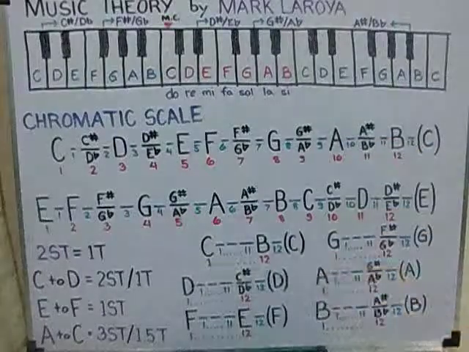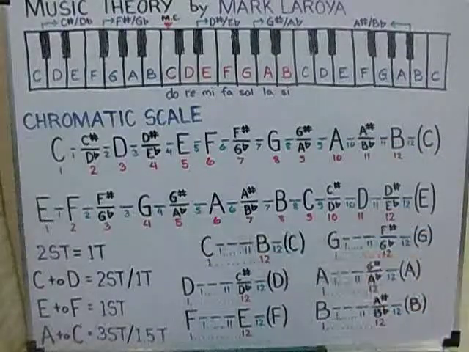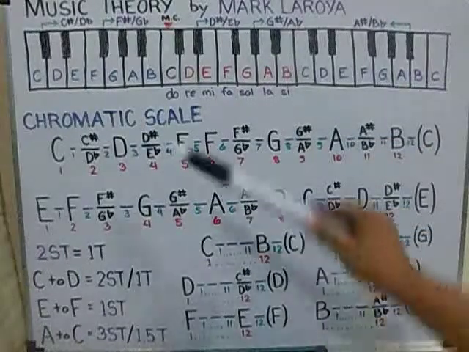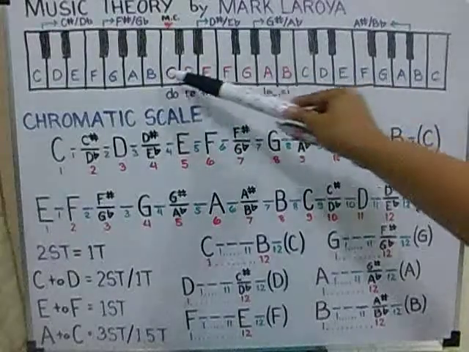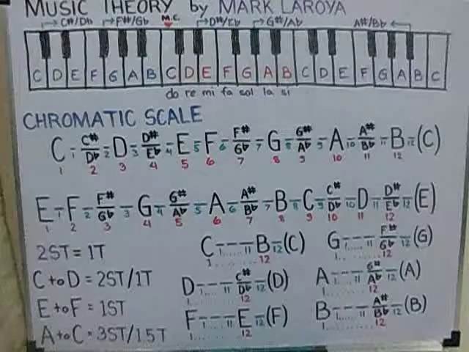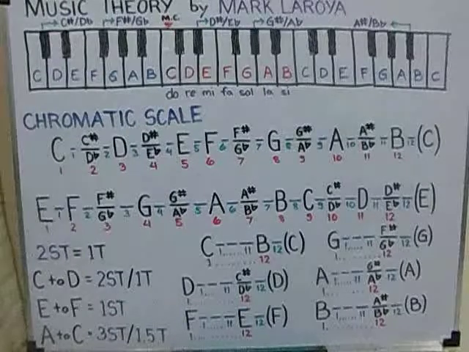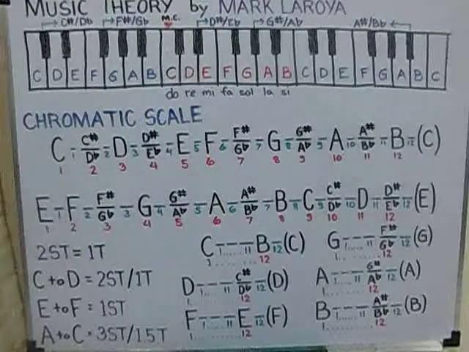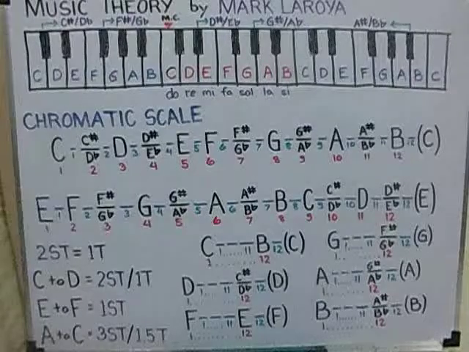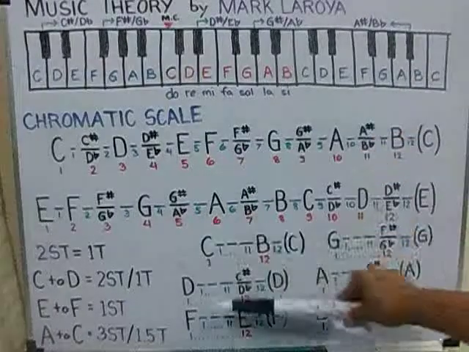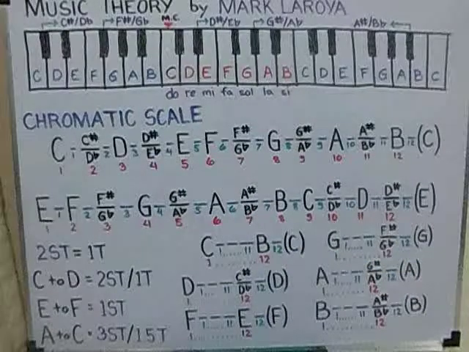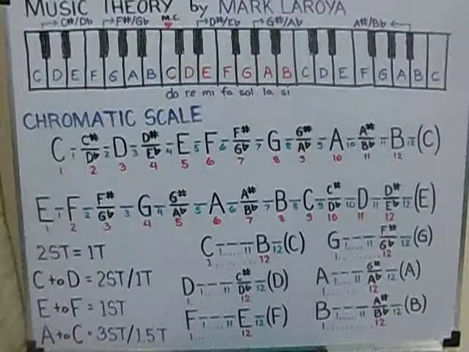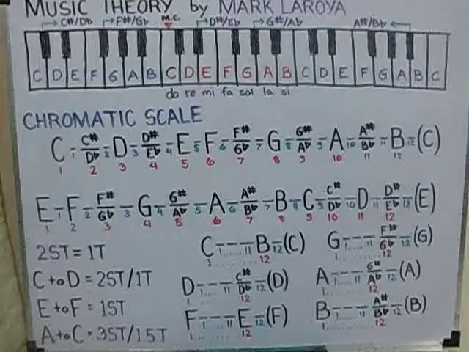In our next lesson, we will be discussing the scale of C, and we will be encountering another topic, which is the major scale. So for now, just master how to construct the chromatic scale for C, D, E, F, G, A, and B.